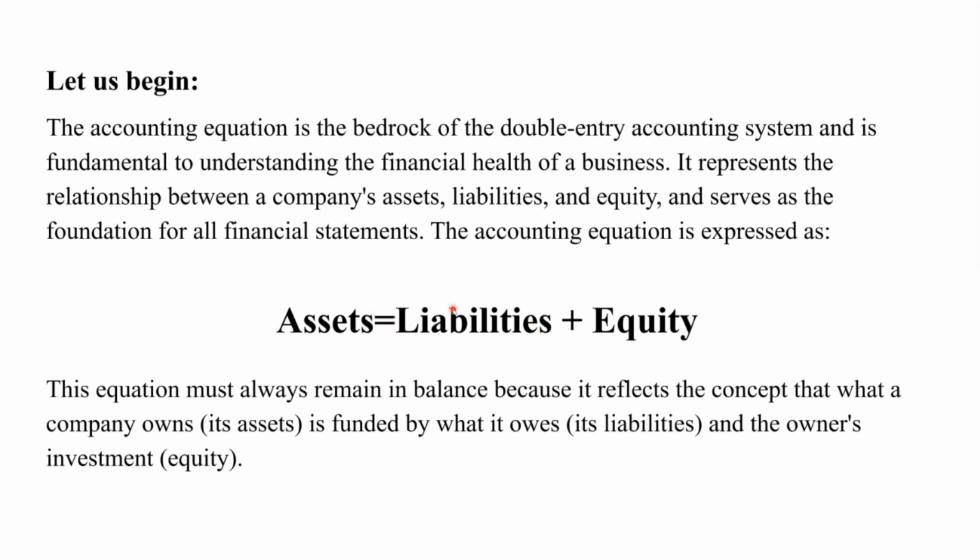Liability means everything you owe to people. So, for example, if one of your assets is a car and you owe money on the car, a loan, etc., until you pay it out, technically speaking, the car is not yours, right? And equity is the part that belongs to you.